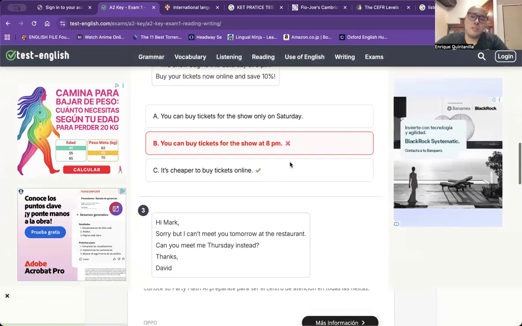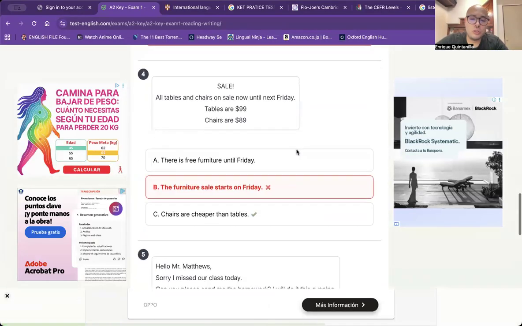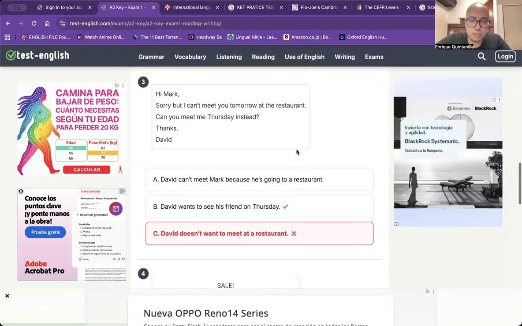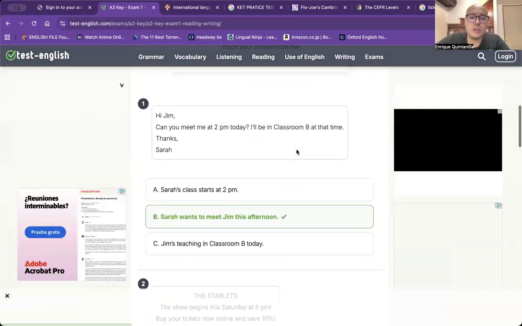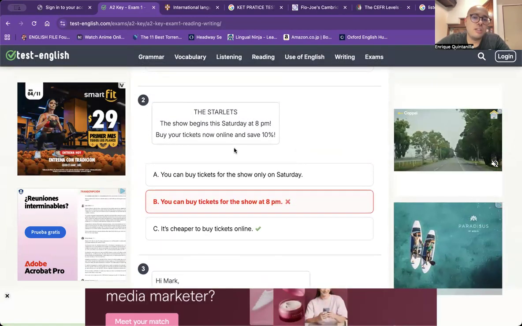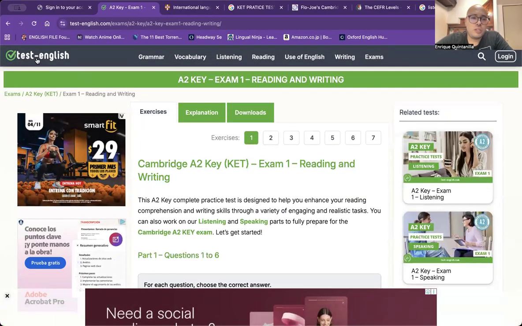Yeah, so you have to check on that. After you finish, check and revise your answers, and it's going to tell you the correct answer and why. Sometimes it tells you the reason. ¿Vale? Entonces, please do it.